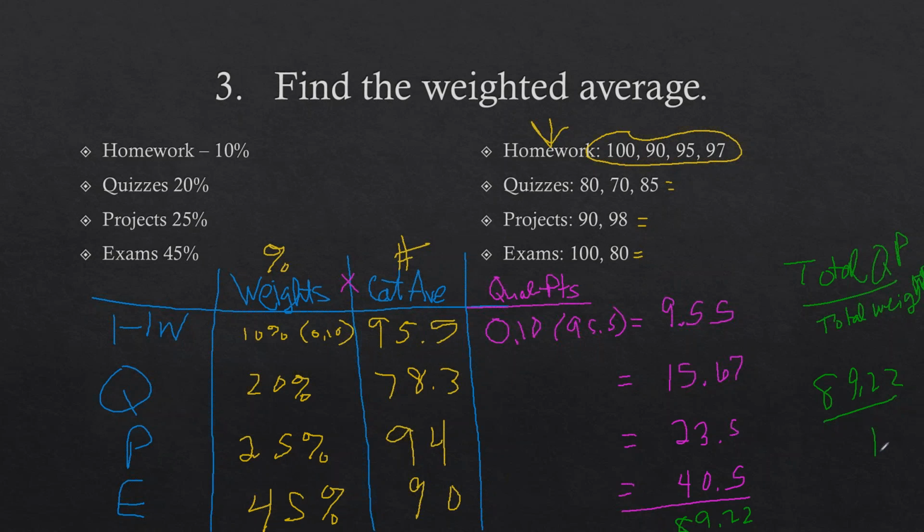So if you look in your packet, your workbook, whatever you want to call it, they don't even address this step because you're just dividing by 1. Well, I like to think if we talk about it, then it makes sense in the other example why we have to divide at the end. You're dividing in both pieces. All right. So in this particular case, your final grade is an 89.22, which is totally a B. Unfortunately, it's 28 hundredths away from an A, but that's okay.